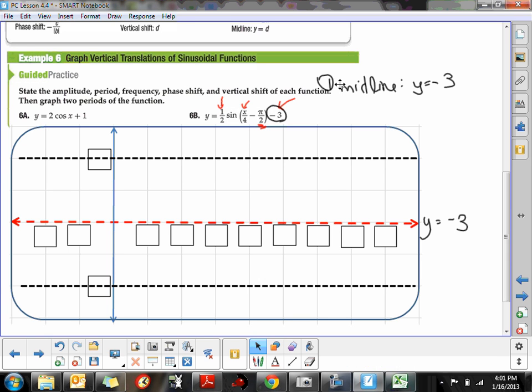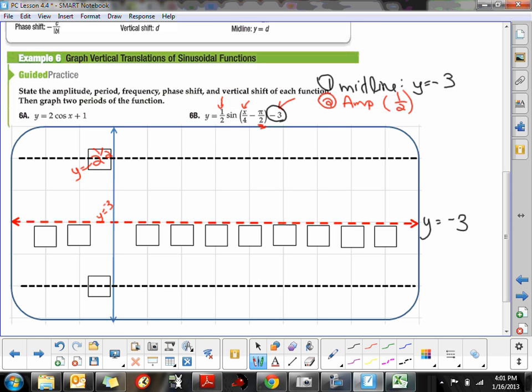Second thing I'm going to do is I'm going to figure out how far above and below that line it can go. So I'm going to use the amplitude. Now the amplitude always tells me how far above and below the axis of center line I can go, which is a half a unit. So we can go above y equals -3, a half a unit, which is going to put us at y equals -2.5.